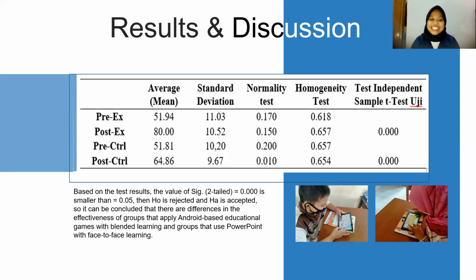Then H0 is rejected and HA is accepted. So it can be concluded that there are differences in the effectiveness of groups that apply Android-based educational games with blended learning and groups that use PowerPoint with face-to-face learning.